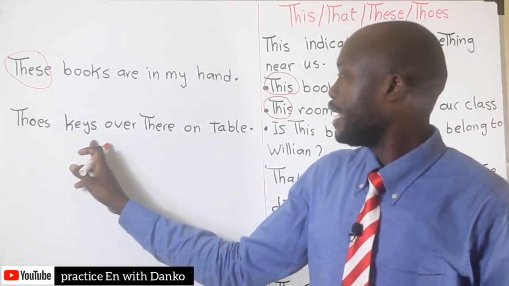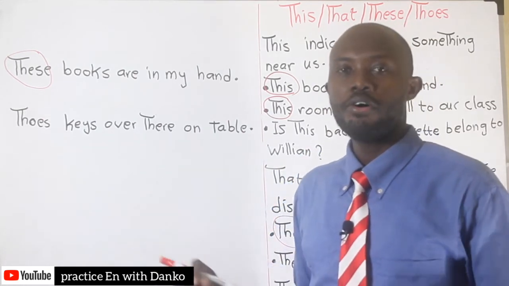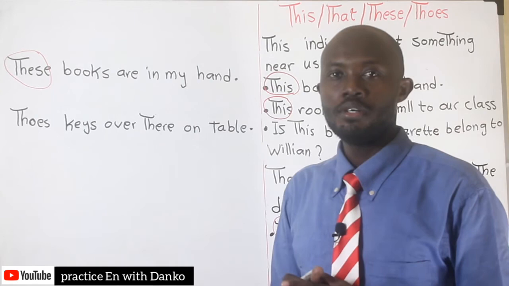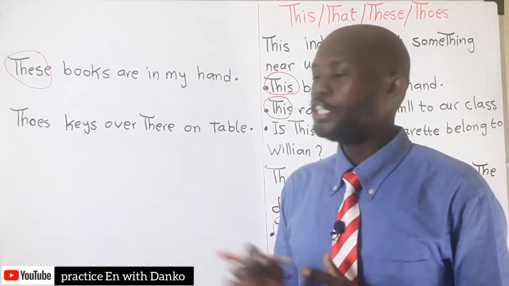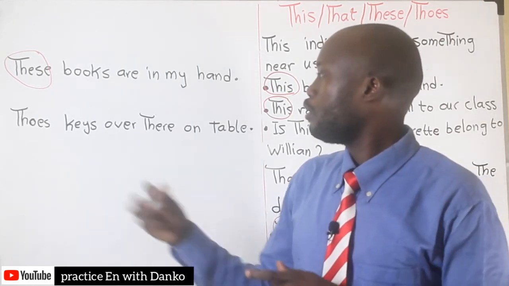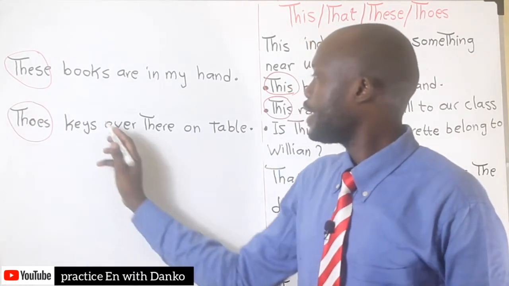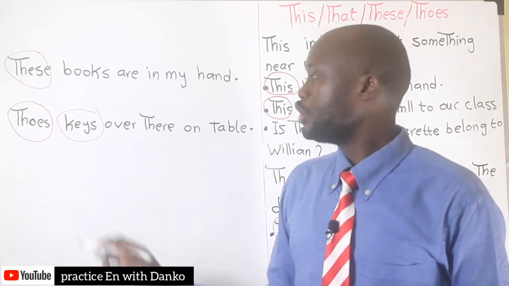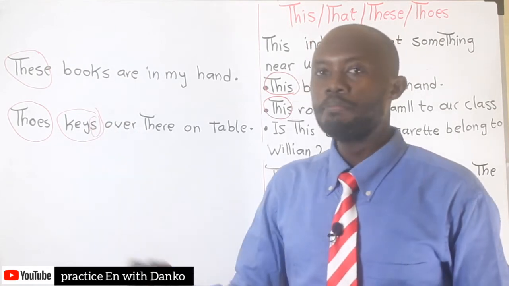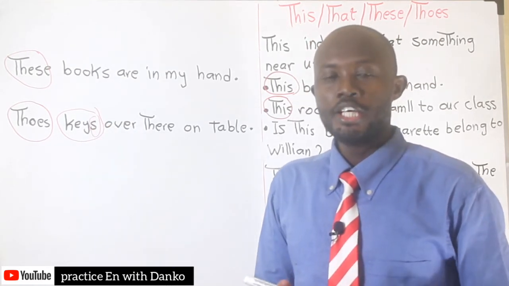Those keys over there are on the table. Okay, good. Here we use those to indicate keys. More than two, as you see here, S for plural. Okay, good.